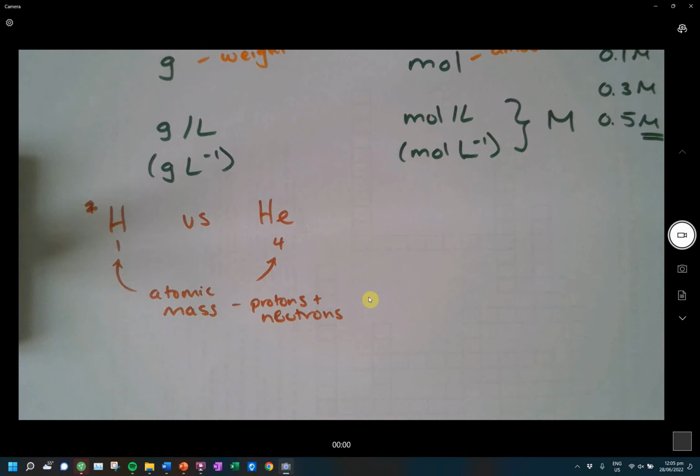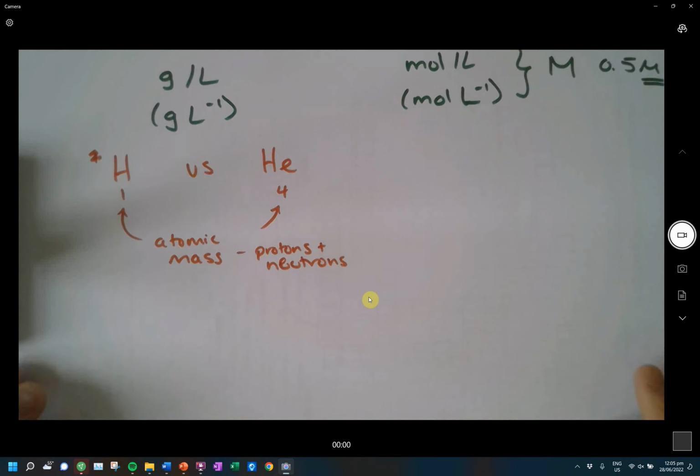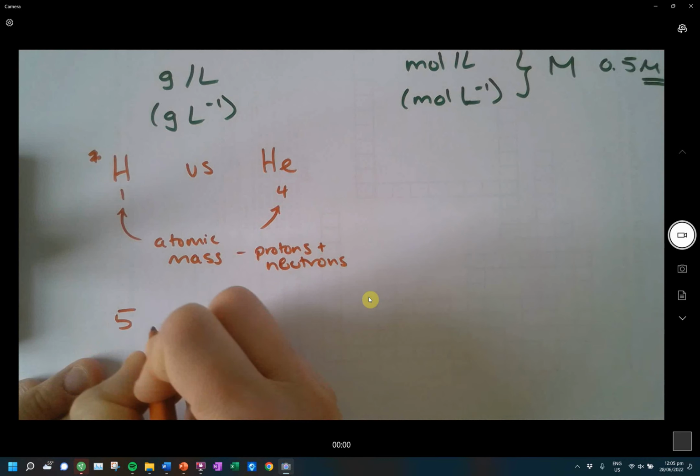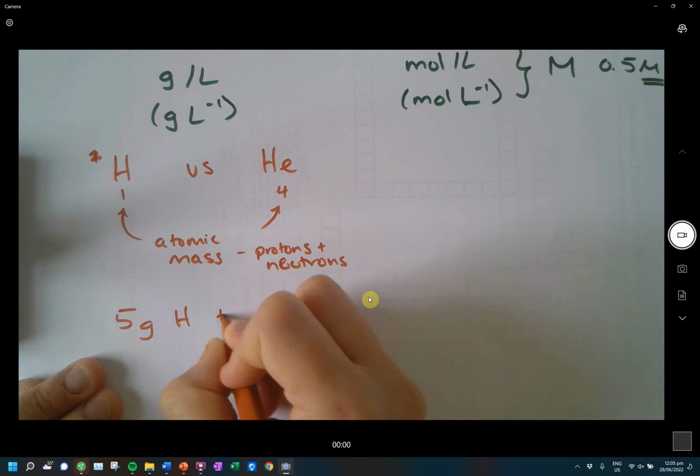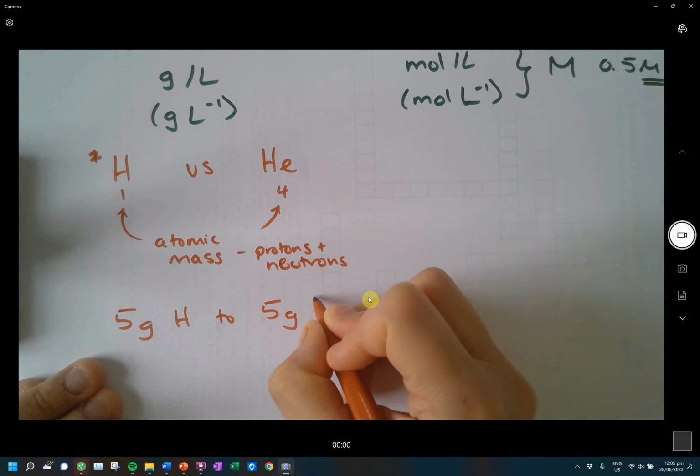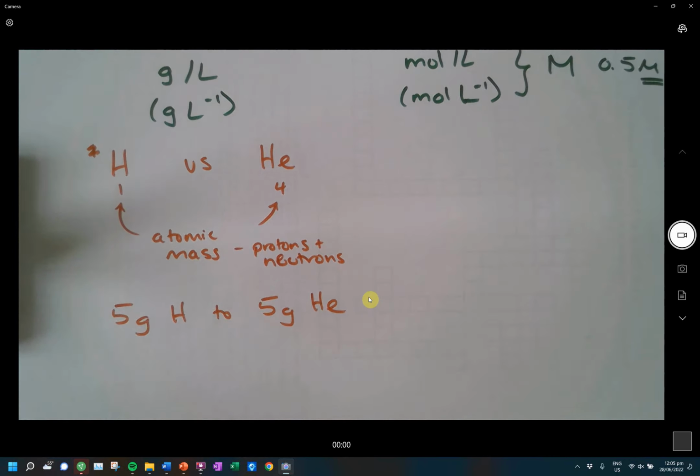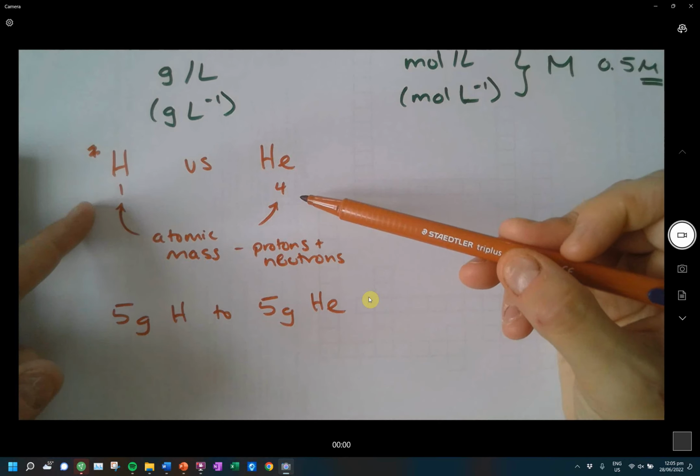So basically how big that atom is. Yeah, so almost like atomic mass. It's related in there. So if I was comparing 5 grams of hydrogen to 5 grams of helium, they are the same weight, but these are different size atoms.